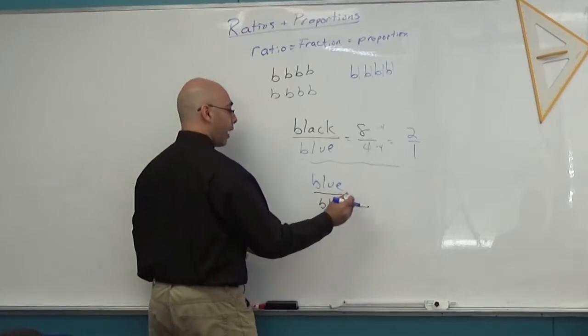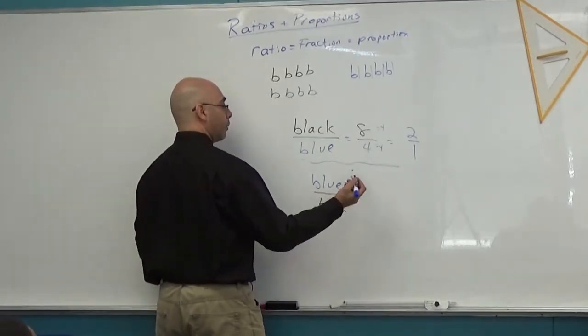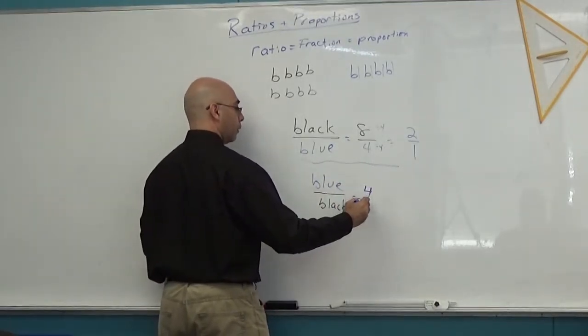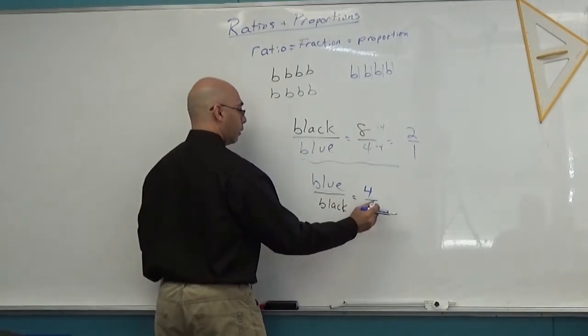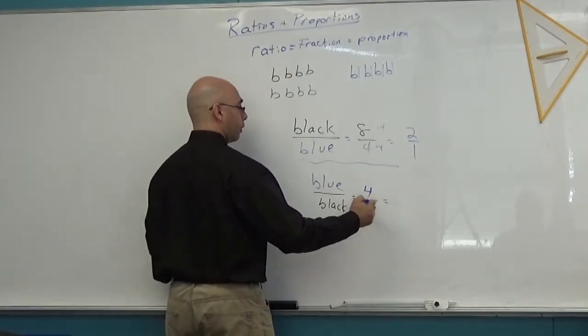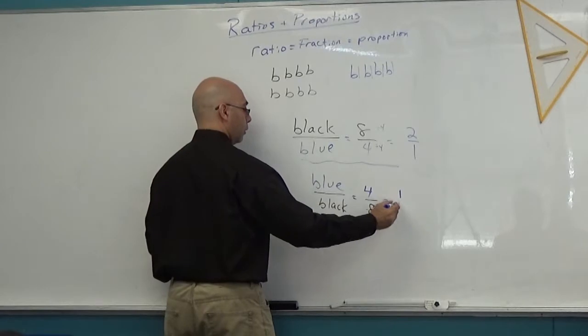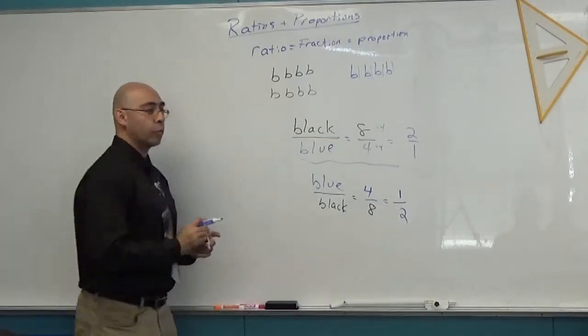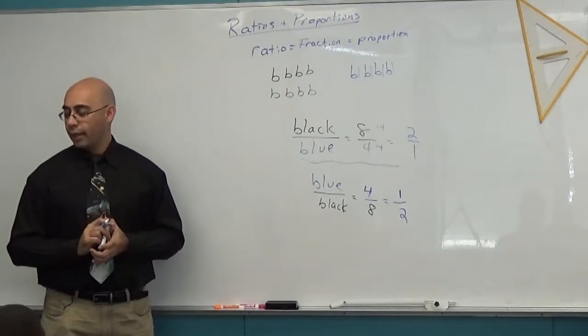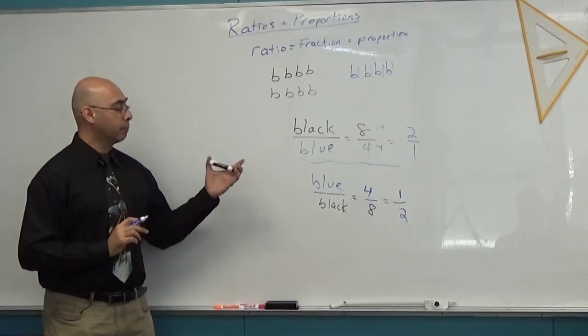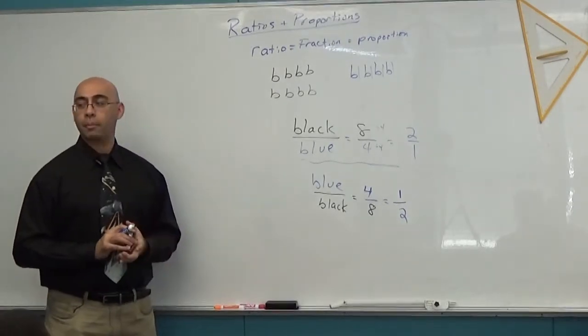So you just do the exact same thing. How many blues are there? 4. How many blacks are there? 8. And again, we simplify this. What's 4 divided by 4? 1. So for part C, there are half as many blue pens as there are black pens.